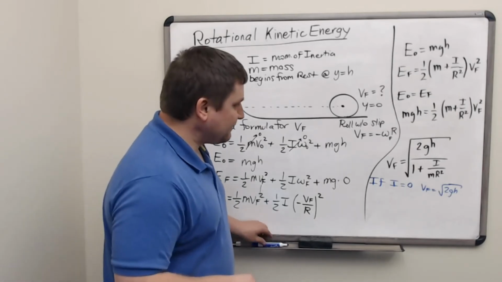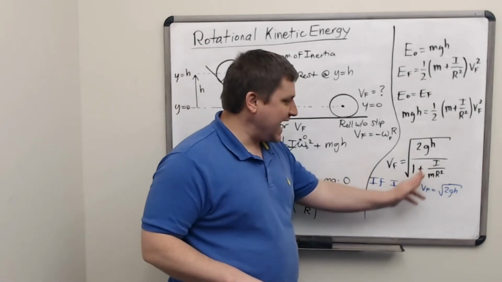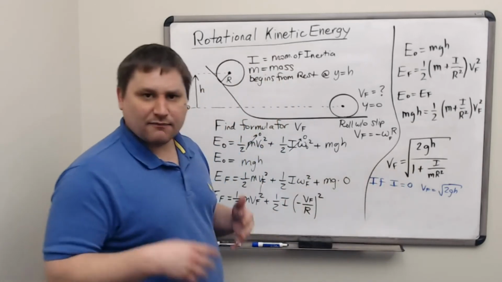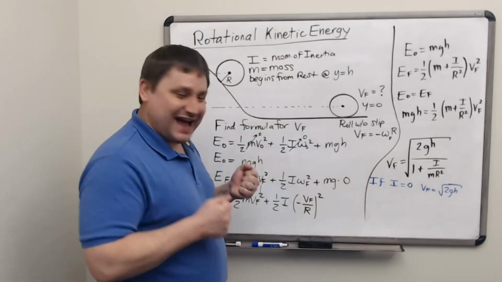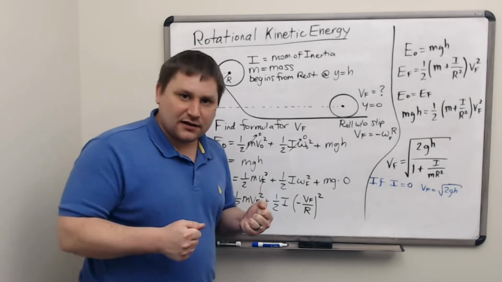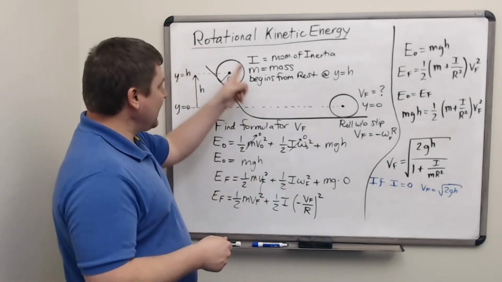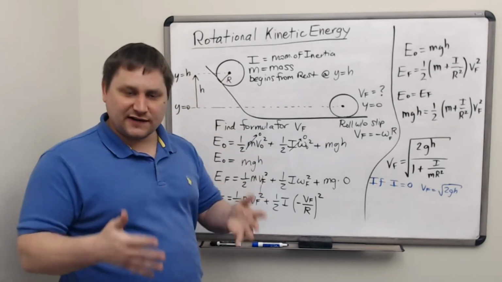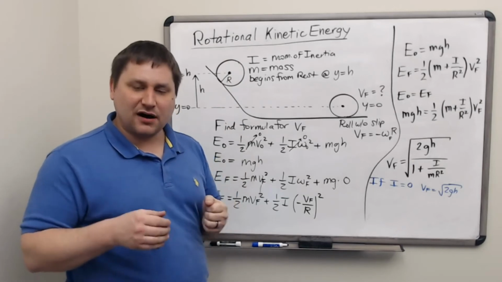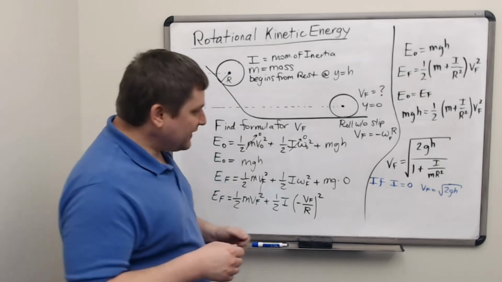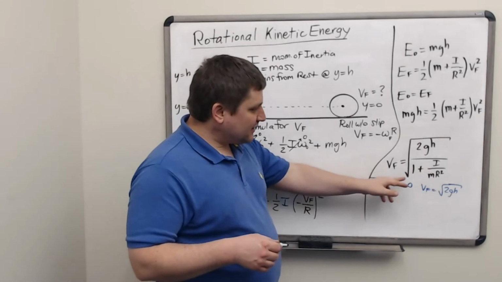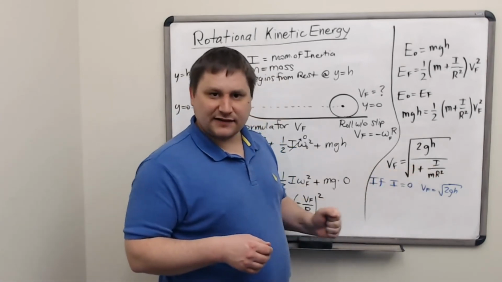But the more interesting part about this is how the moment of inertia actually appears. We take our moment of inertia and we divide it by mr squared. Remember, for most rolling objects, the moment of inertia is equal to some fraction times mr squared. So this final velocity doesn't actually depend on the mass of the object.